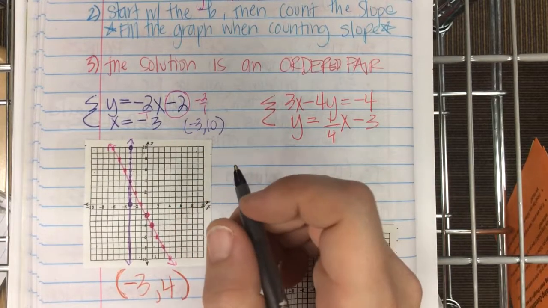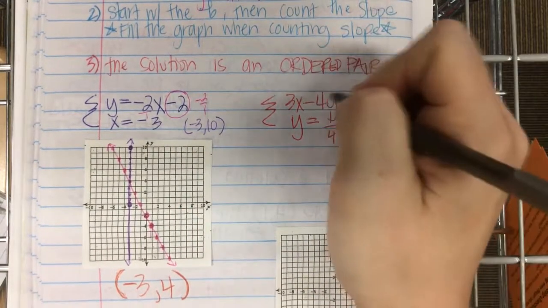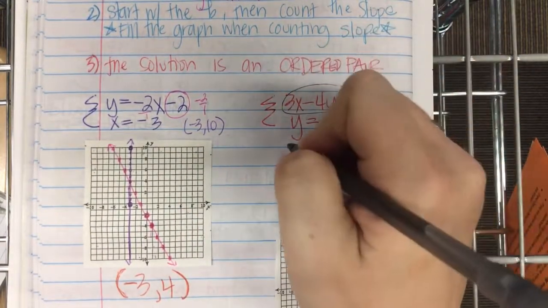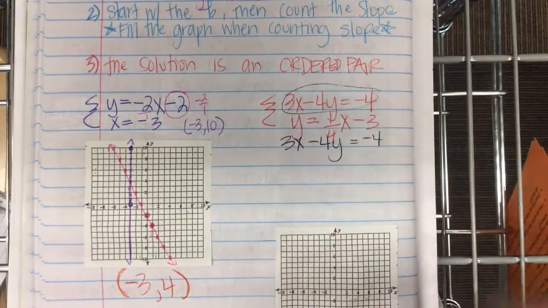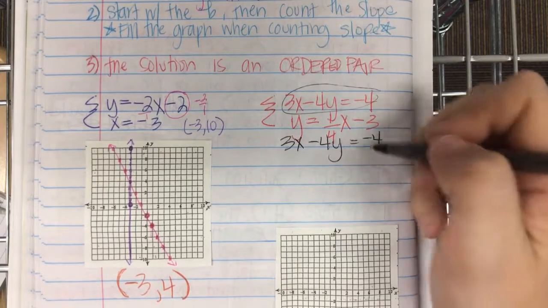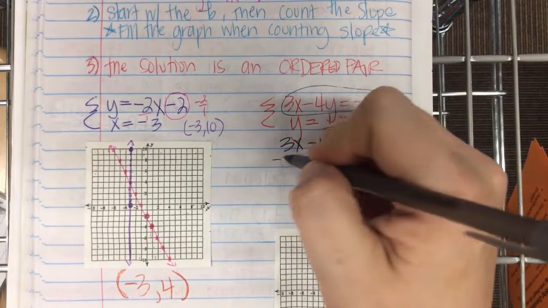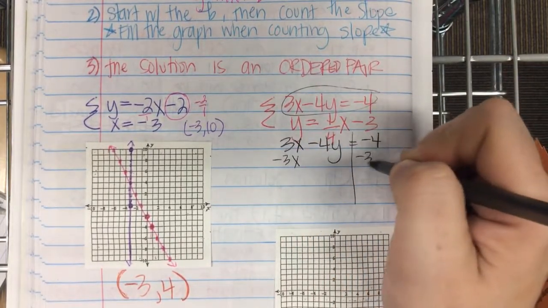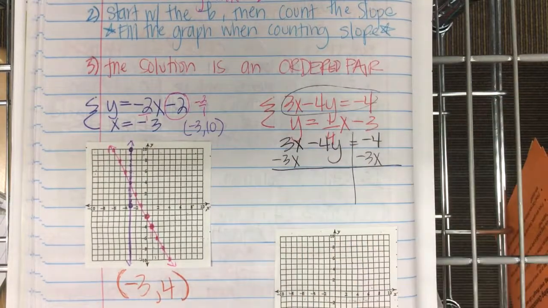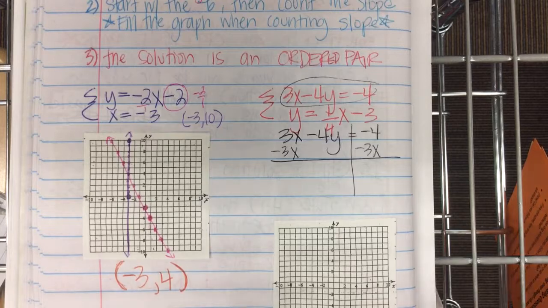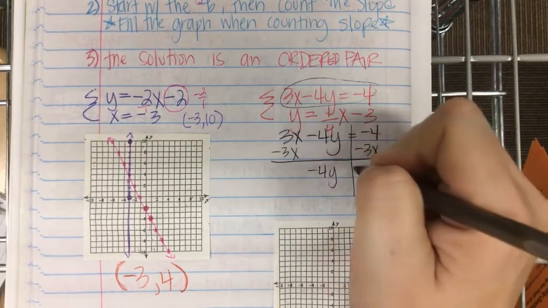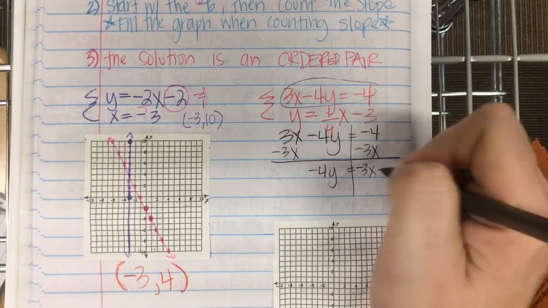All right, so first equation, 3x minus 4y equals negative 4. We have to solve for y, so minus 3x. Negative 4y equals negative 3x minus 4.